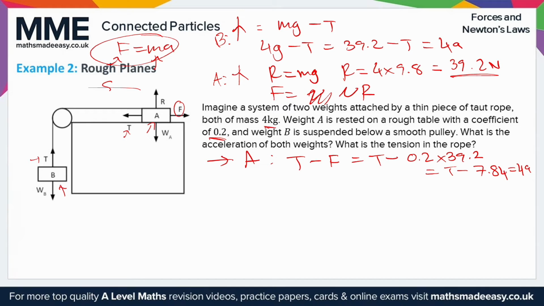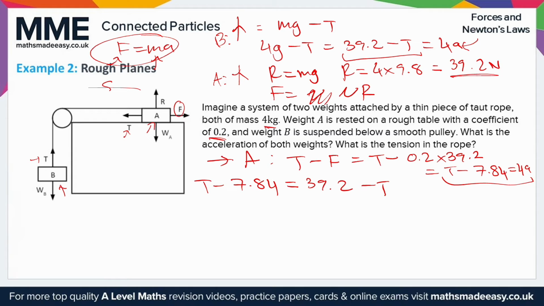Okay, can you spot what we're going to do next? We've got two equations, both in T and in a. So we have simultaneous equations, and nicely, they're both equal to 4a, so we can just set them equal to each other. We've got T minus 7.84, that comes from this one, is equal to 39.2 minus T. Okay, so we've got a linear equation that we need to solve.